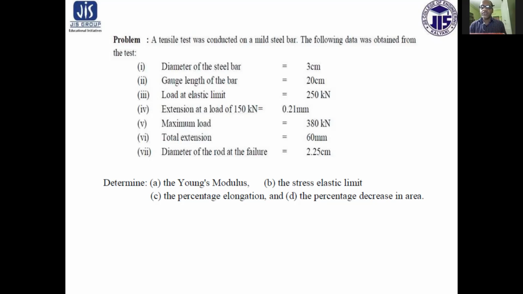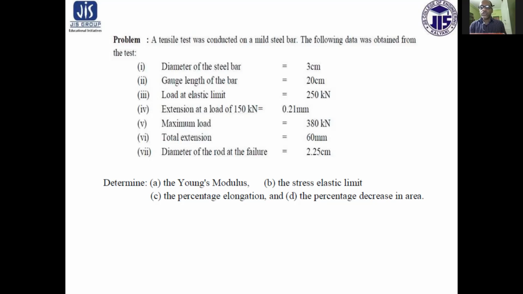Diameter of the steel bar is 3 centimeter, gauge length of the bar 20 centimeter, load at elastic limit 250 kilonewton, extension at a load of 150 kilonewton is 0.21 millimeter, maximum load 380 kilonewton, total extension 60 millimeter.